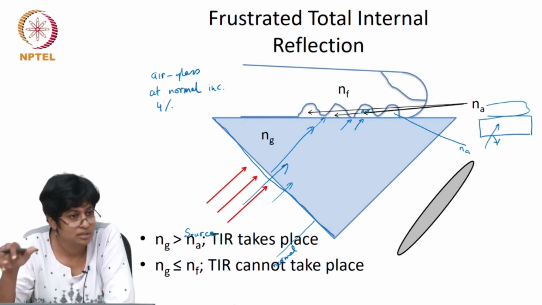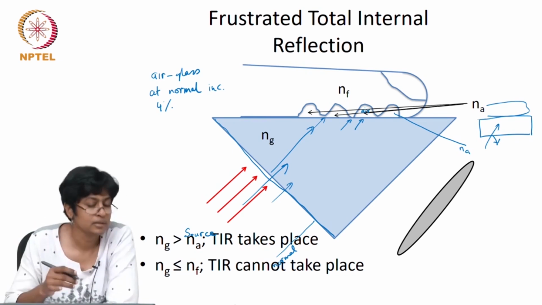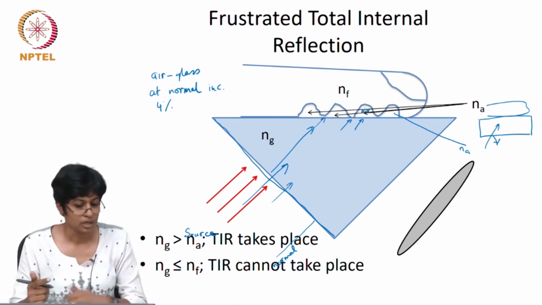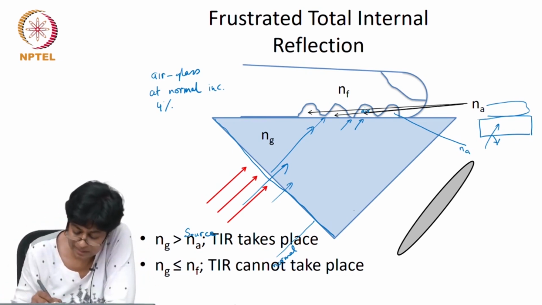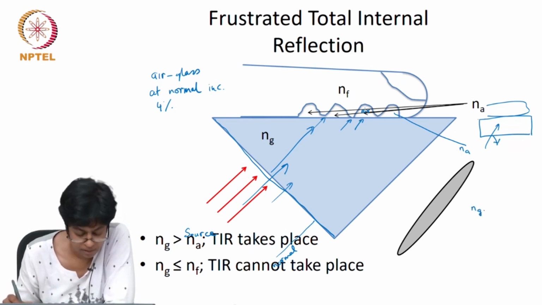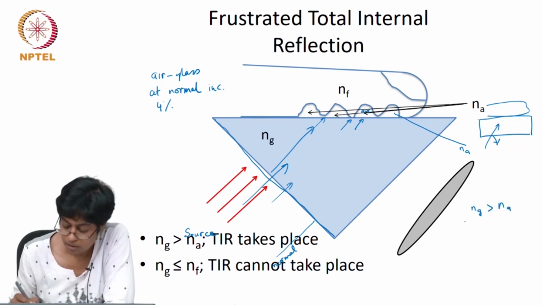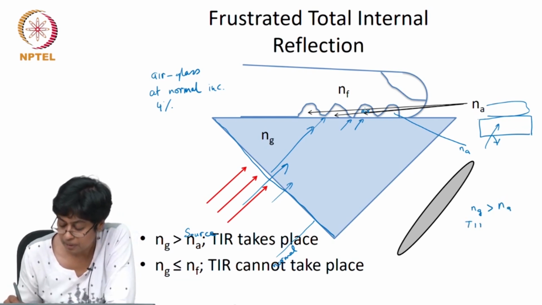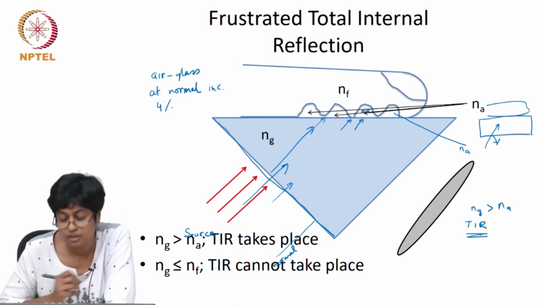Right? Total internal reflection cannot happen if the incident medium is a rarer medium. So using Ng greater than Na, I've already written that here, I am allowing total internal reflection to occur.